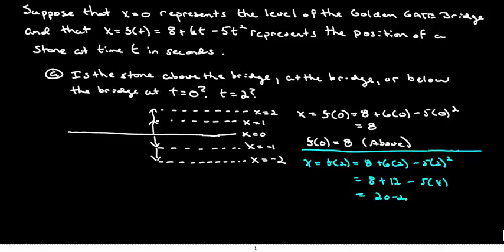So that's 20 minus 20, which is 0. So the x value is 0, which tells us that we are level or at the bridge. So the stone goes up, and then at time 2, it's back down. Now if I say time 0 is like the initial time, that means that if it's at 8, it must have started at 8 and then maybe came up and came back down, or something of that nature.